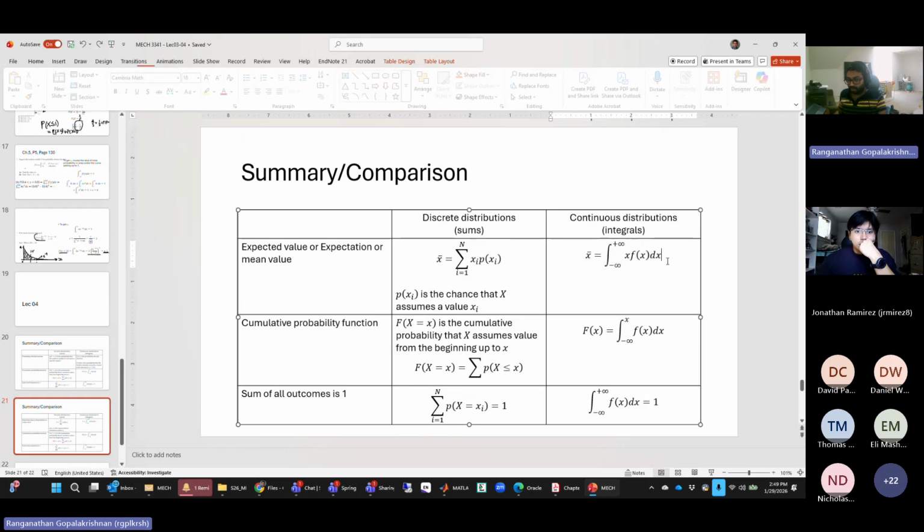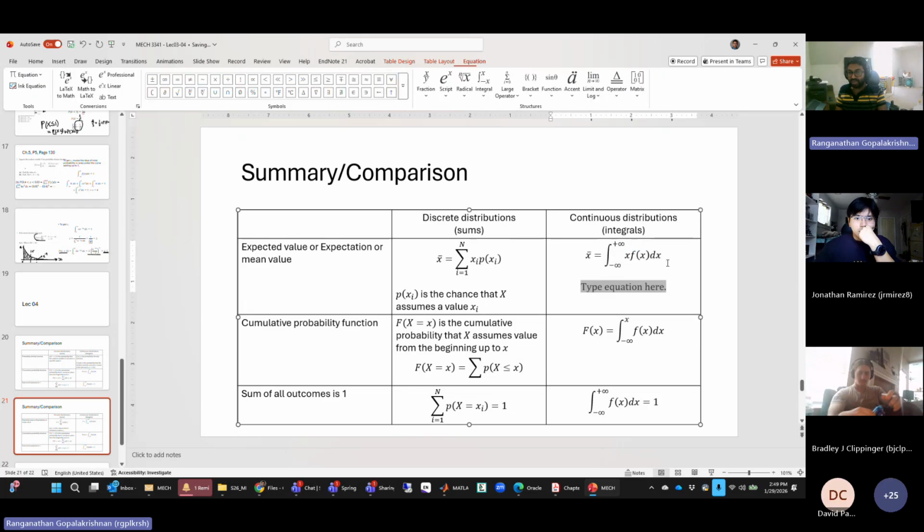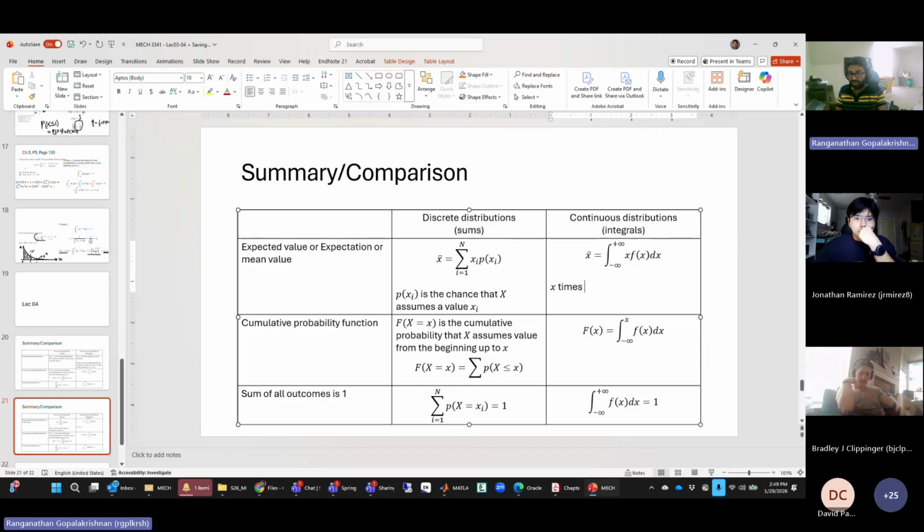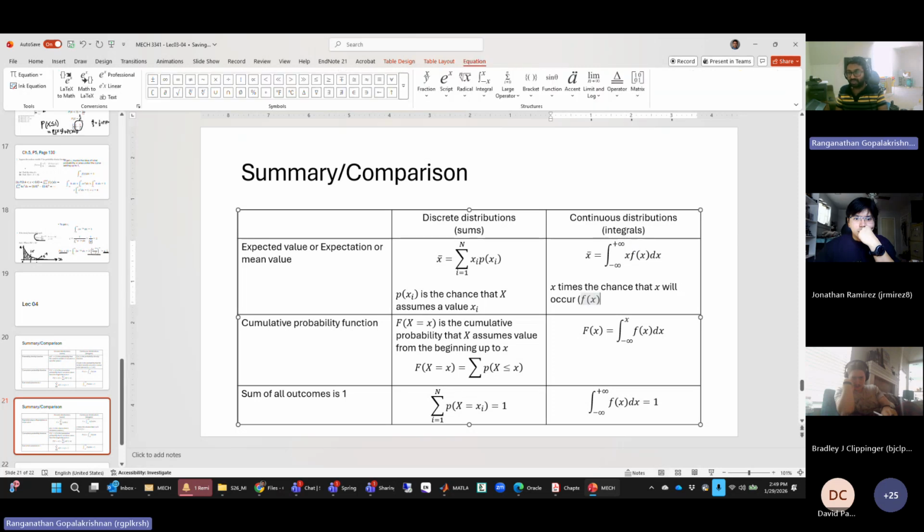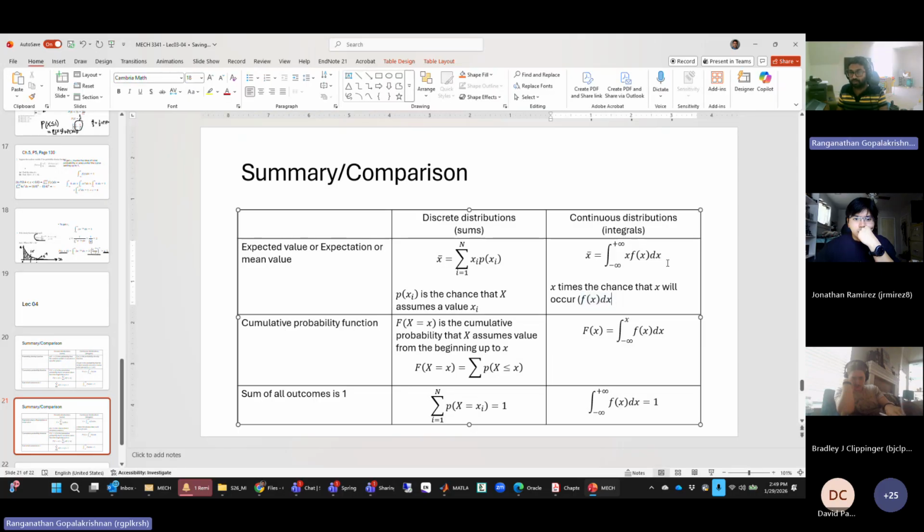So I'm going to write that out in words. x times the chance that x will occur, which is f of x dx. Okay, same logic. It's exactly the same thing. The integral is essentially a generalization of summation.